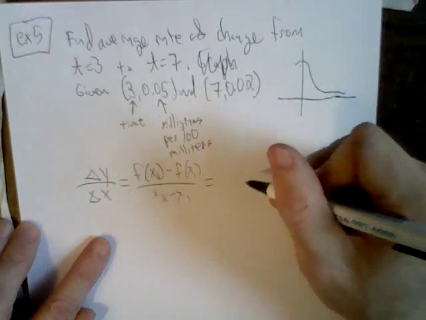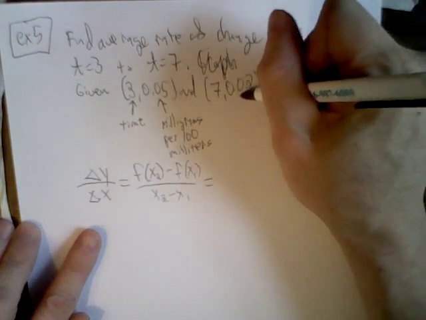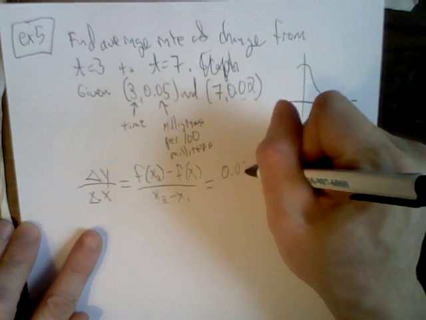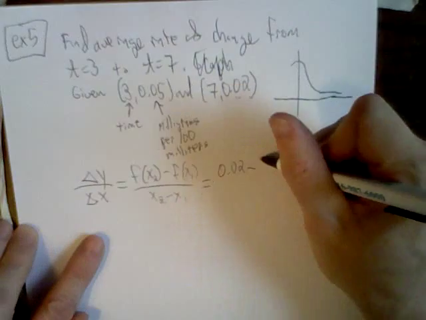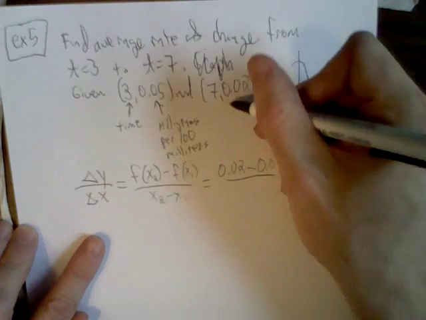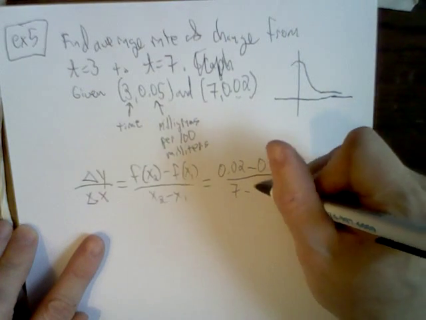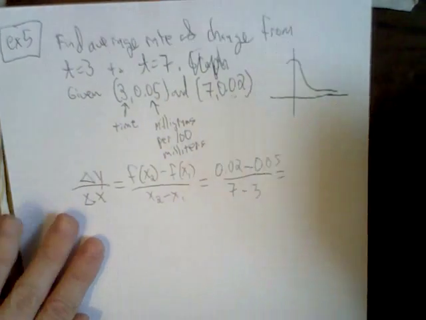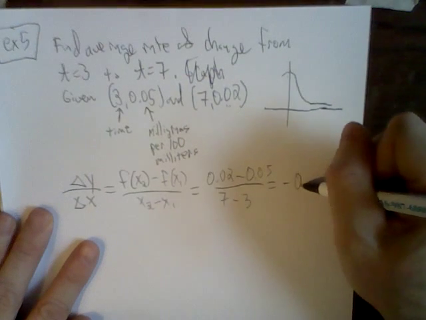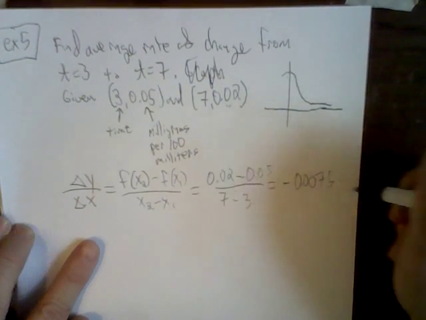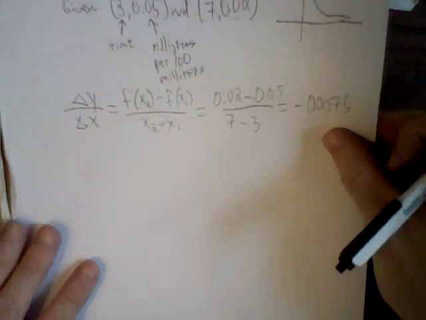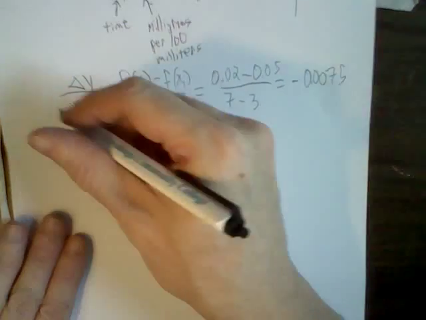In this case, f of x2 is 0.02, f of x1 is 0.05, x2 is 7, and x1 is 3. If you put it in your calculator, you get negative 0.0075, and then we want to interpret that as average rate of change.